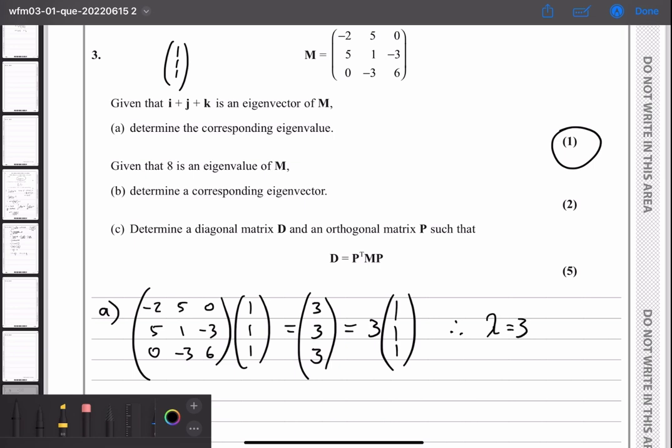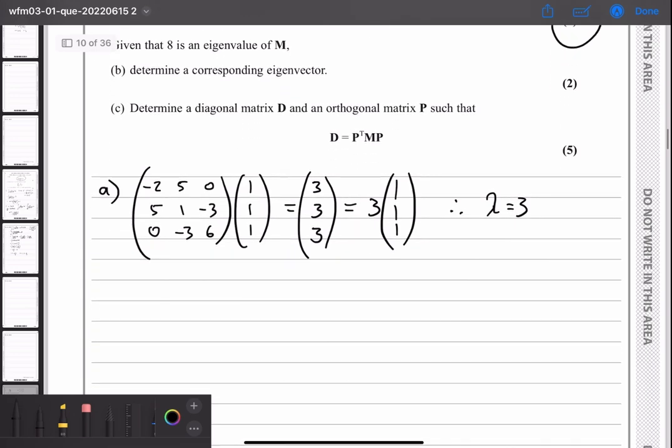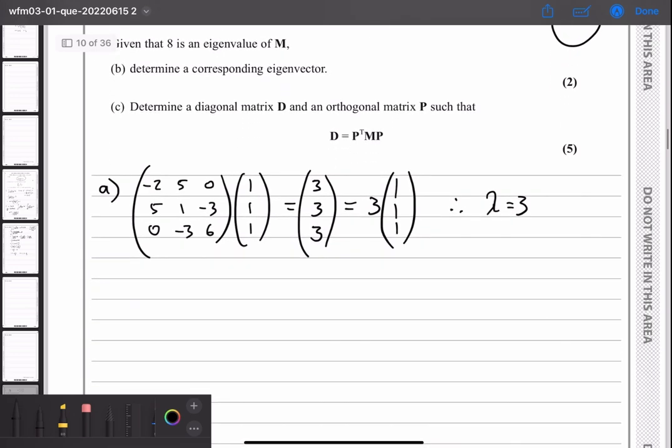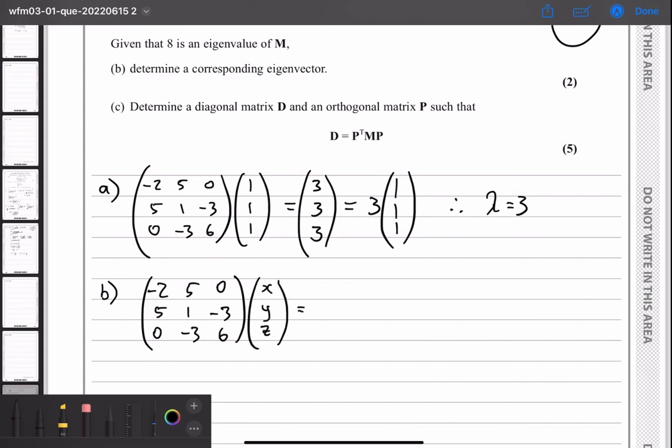Part B, given that 8 is an eigenvalue, determine a corresponding eigenvector. Okay, we're doing something fairly similar here, except we don't know the vector and we do know the eigenvalue. So it's going to be a very similar process with a slightly different focus. We know that this applied to the eigenvector, which we don't know, is equal to 8 lots of that same eigenvector.